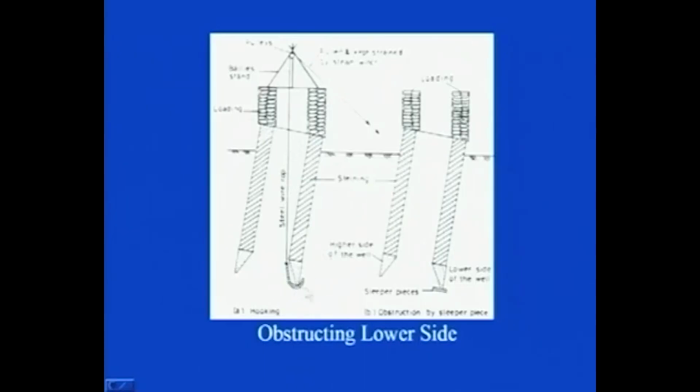You can see here that this is the lower side, this is the higher side. So here a hook has been formed and it is providing an obstacle. Likewise, if you are using sleeper pieces, and you provide the sleeper piece at the lower side of the well as an obstacle, this will also help against further tilting and shifting of the well.